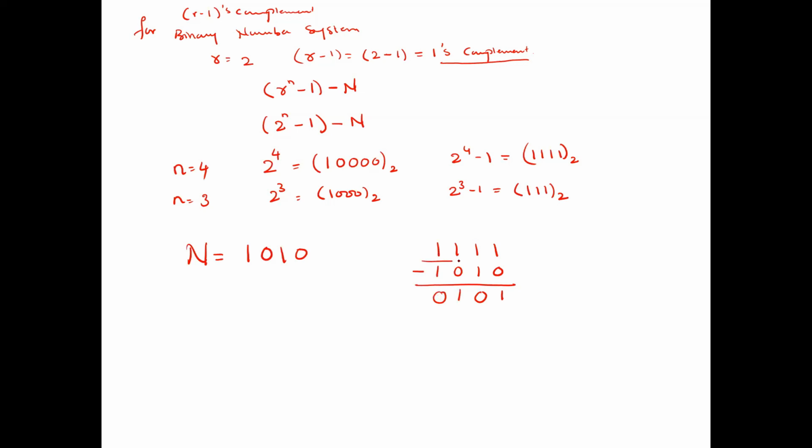So if you look at our given number n, the one's complement of 1010 is 0101, as if the bits are getting inverted. If it is 0, it has become 1. If it is 1, it has become 0. But the principle of calculating one's complement is this.